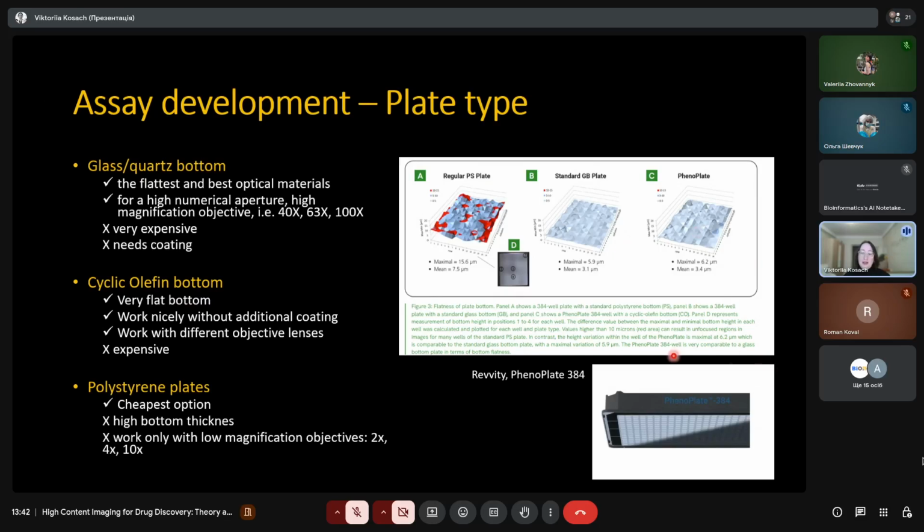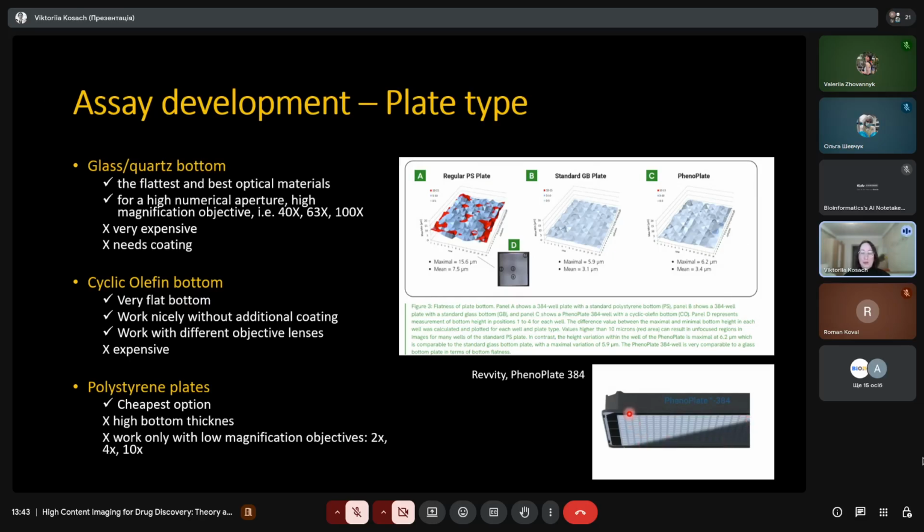Actually, the best results I got were with cyclic olefin plates from Revvity. It's the old PerkinElmer distributor, with plates that are called PhenoPlate. Besides the cyclic olefin bottom, this plate also has very low borders, let's call them that, because in such a way, all the objective lenses could reach all wells in the plate.